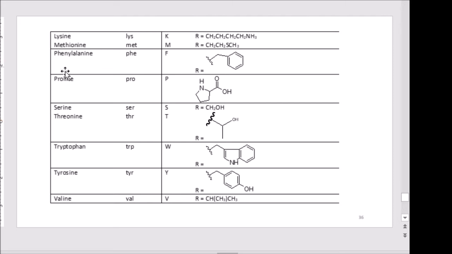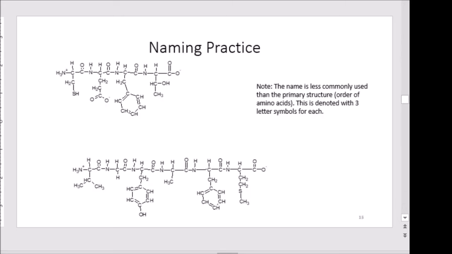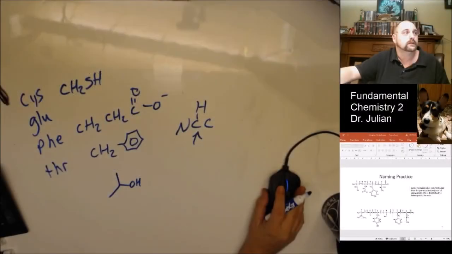When you're doing these, keep in mind, go back up to our practice. When we're doing these, I always start with the N side and I'll work my way to the C side.